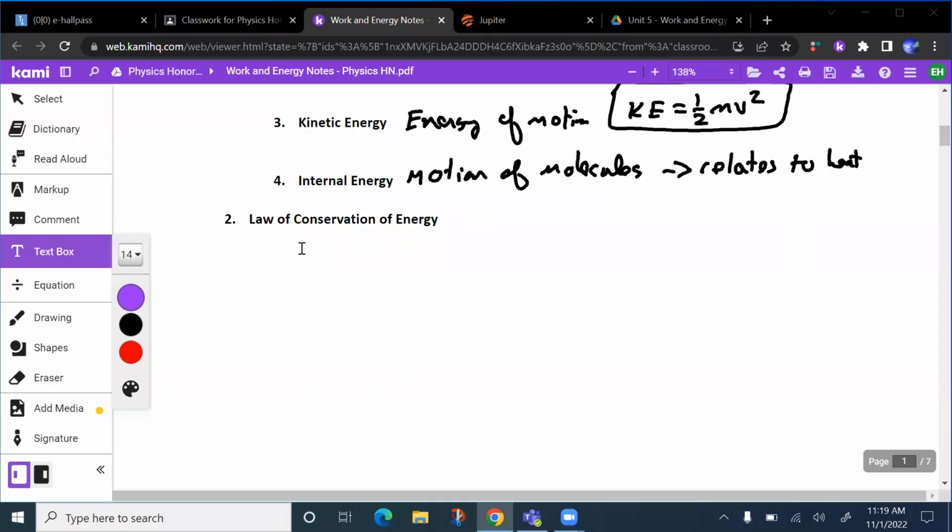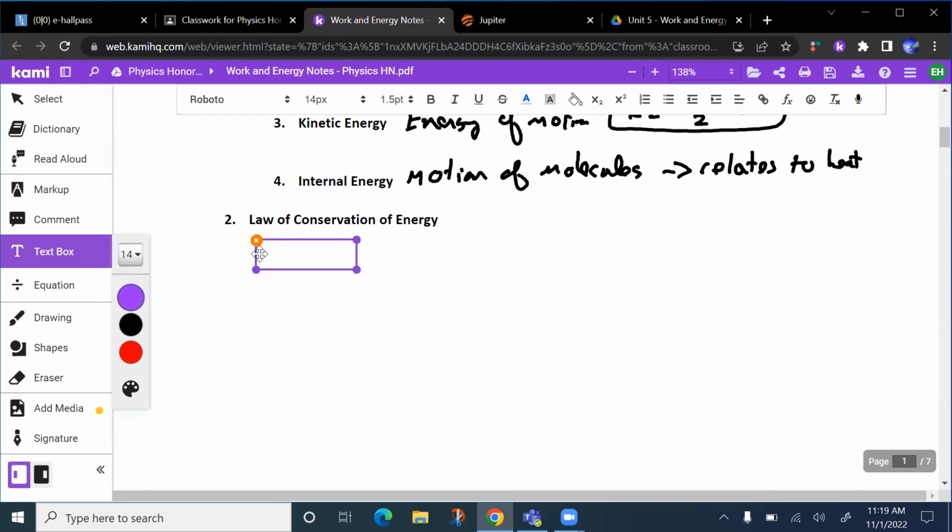Part 2, conservation of energy. Well, the law of conservation of energy, which I'm going to abbreviate LCOE, or just COE, is basically a statement that says that energy cannot be created nor destroyed.